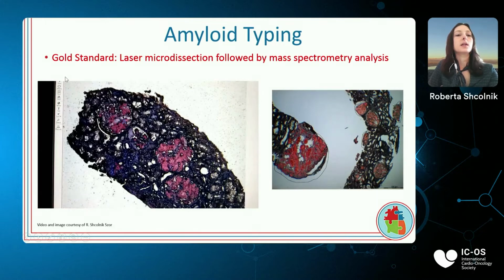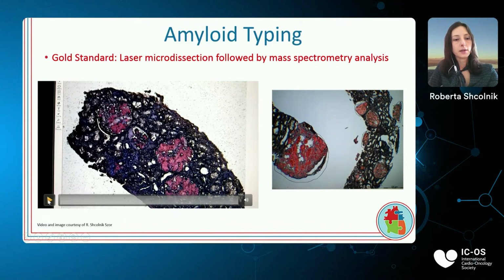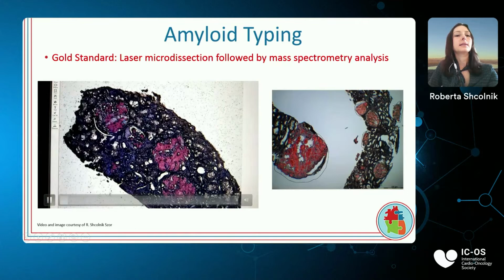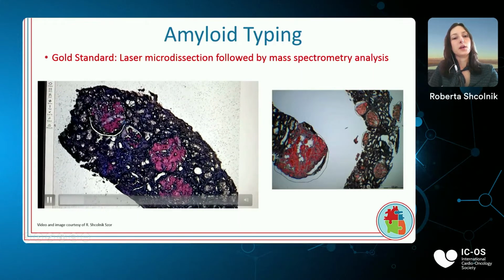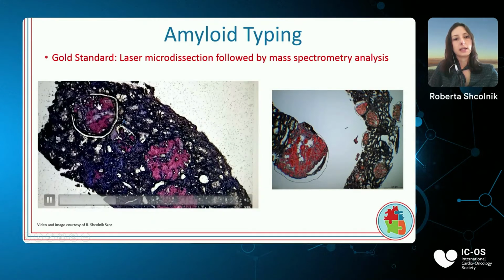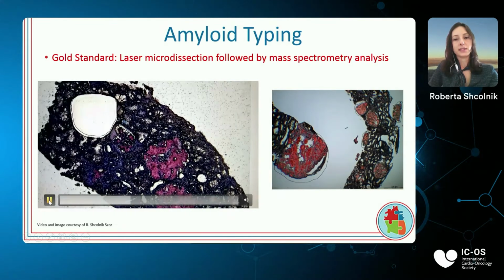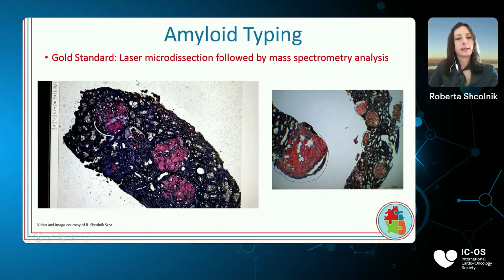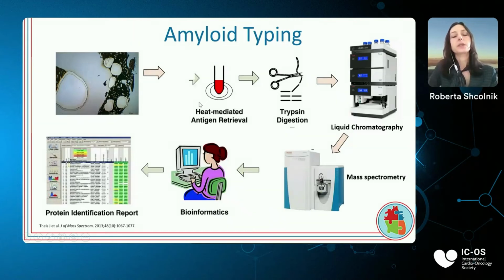We know that the gold standard method is the laser microdissection followed by mass spectrometry analysis. Here we exemplify in this video, we can select the deposit material area, and the laser cuts these parts of the material. This goes through a process of digestion of the proteins present in that amyloid material.